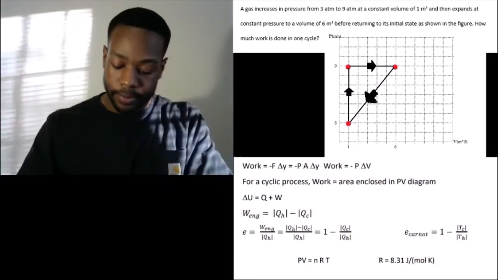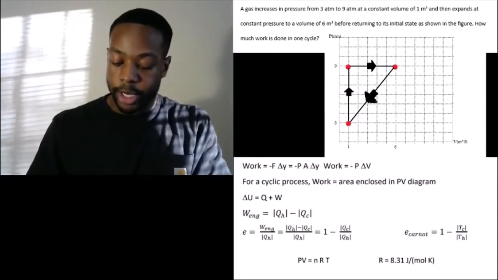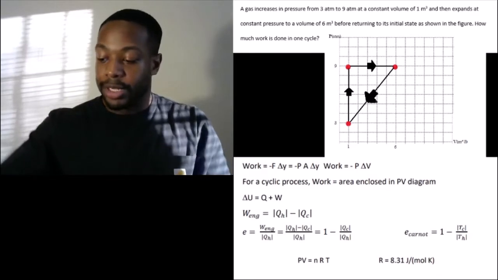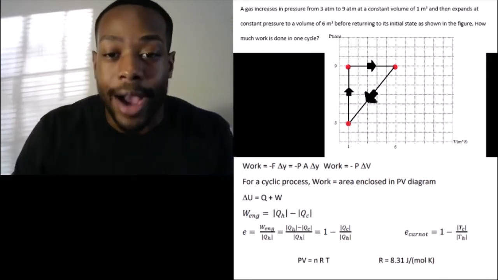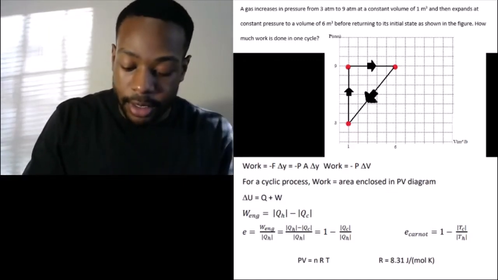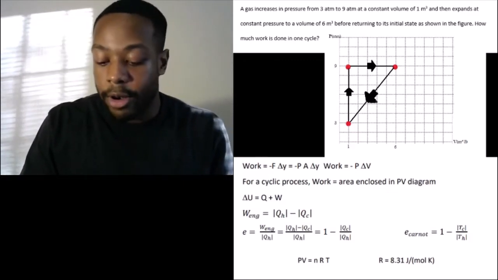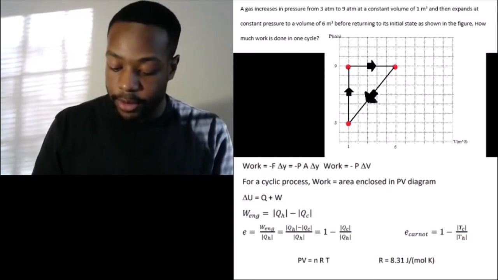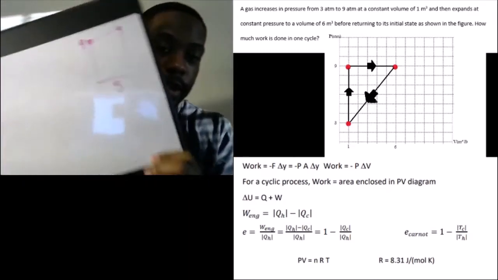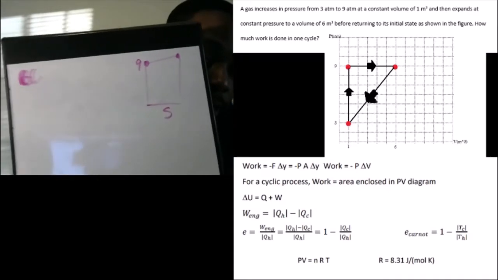Let's get a little more clear. So B to C is the top of that rectangle. Our height is going to be 9, and our base is going to be 6 minus 1, which is 5, right? And that will give you your full rectangle. That's what I mean by that.